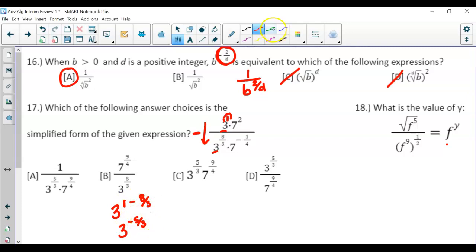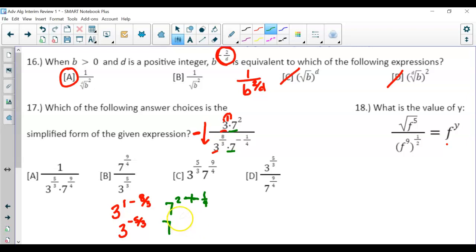So now let's go to our base of 7. So again, 7 top to bottom. So 2 minus, what is our exponent? Negative 1/4. So now notice we've got the 2 negatives going to make a positive. So 2 minus a negative 1/4, or 2 plus 1/4, is now going to give you 5/4. No, sorry, not 5/4, my fault.